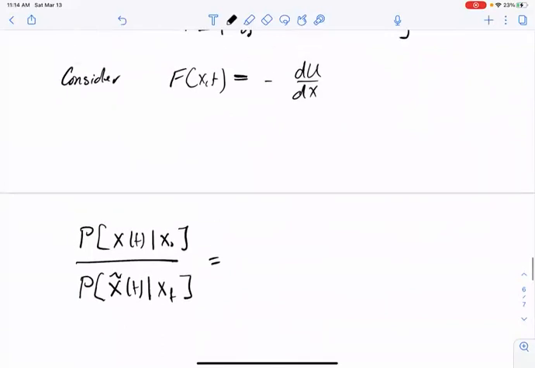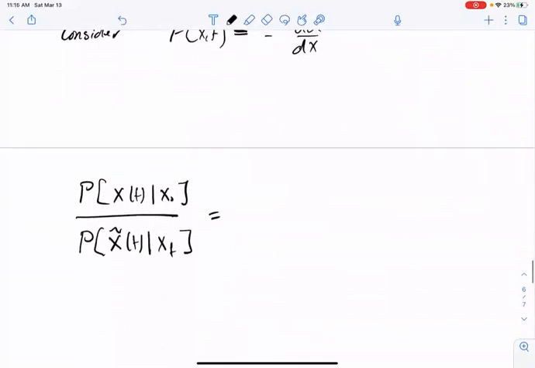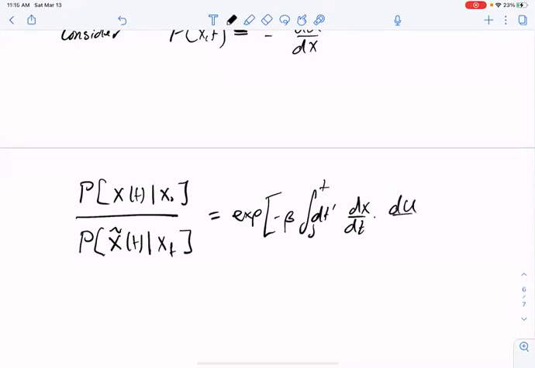That is equal to, if f is a gradient, x dot is dx dt. The force is du dx with a minus sign.